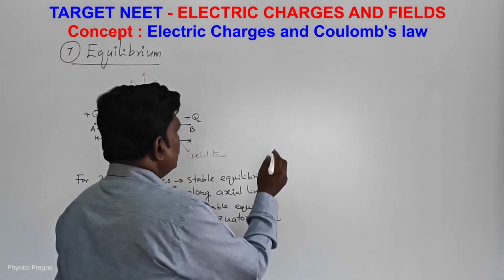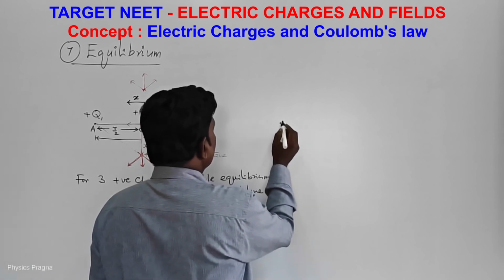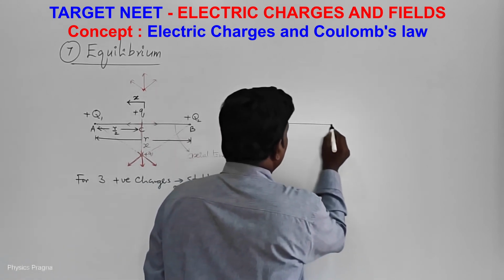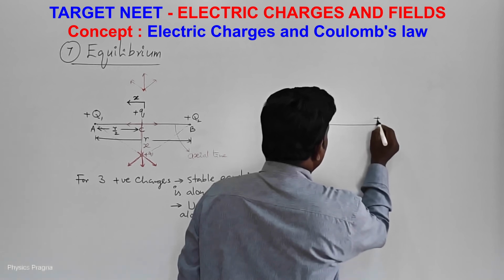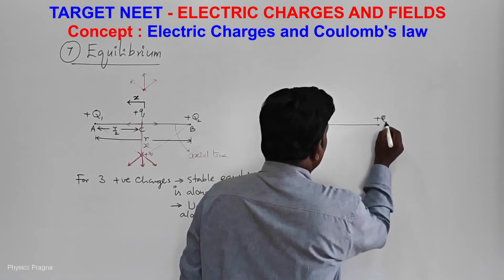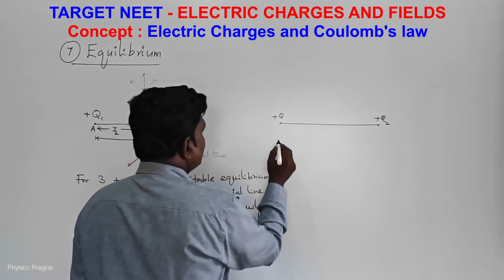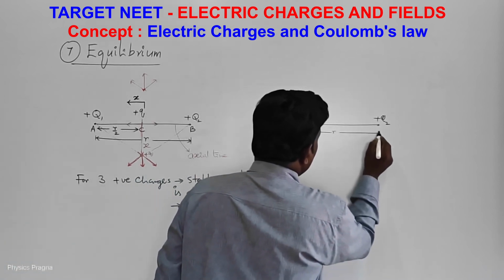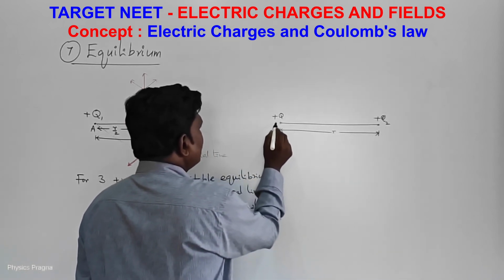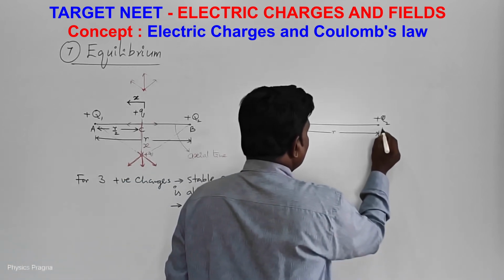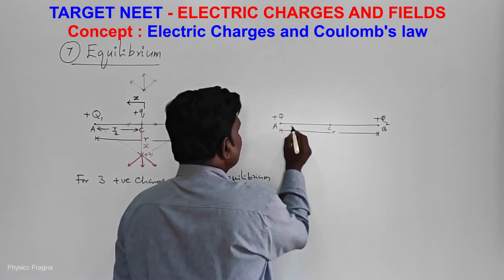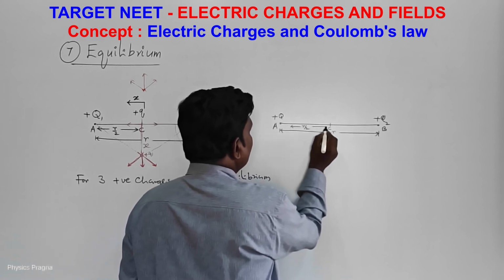What if two charges are there? This is plus q1, plus q2, same thing, and distance between them is r. This place I have given name A, this is B, exactly at the center. So this distance is r by 2.